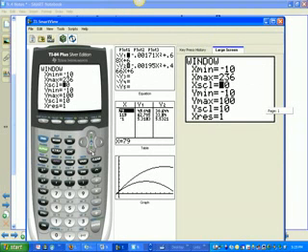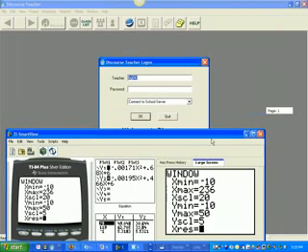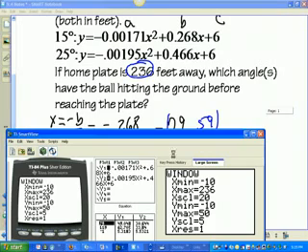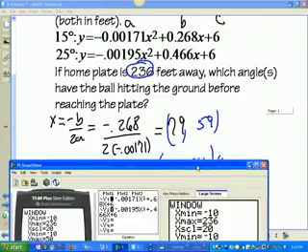So that means my window probably only needed to go up to 50. That's still not graphing the way my intercept says it should be.